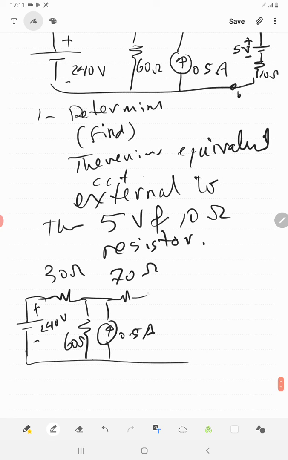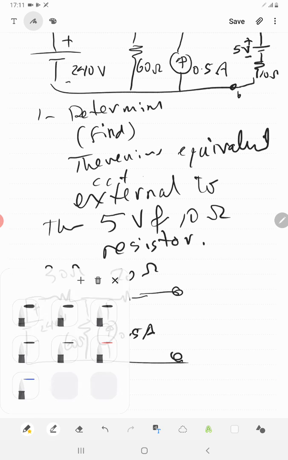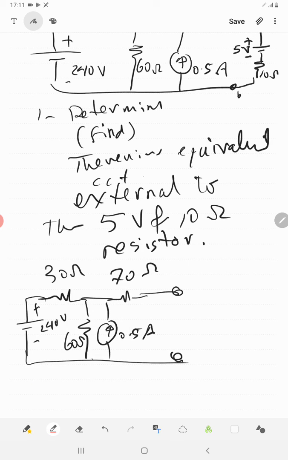So what we do usually, we remove the elements that we want to determine Thevenin's equivalent circuit without, which is actually the plus minus 5 volts in series with the 10 ohms.